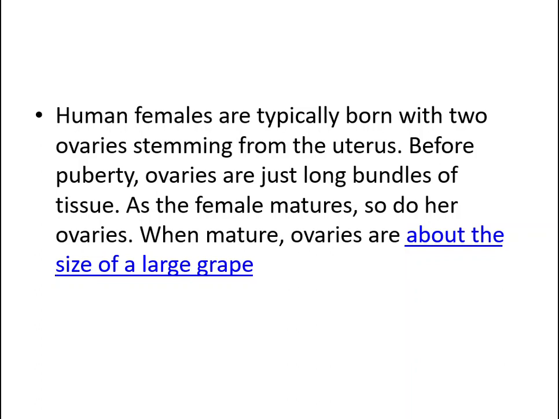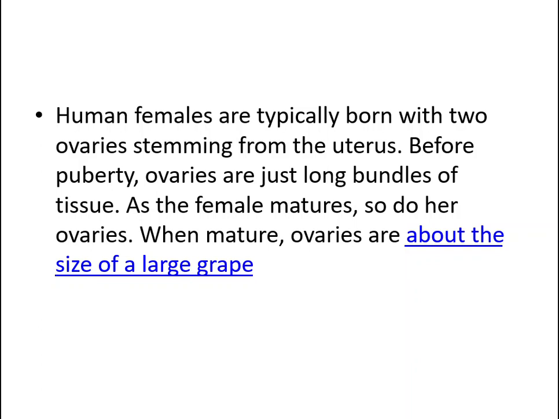Human females are typically born with two ovaries. We have seen in the diagram that there are two ovaries. Before puberty, the ovaries are just a long bundle of tissues. Before the girls reach puberty, the ovaries are not that active, just like a long bundle of tissues.